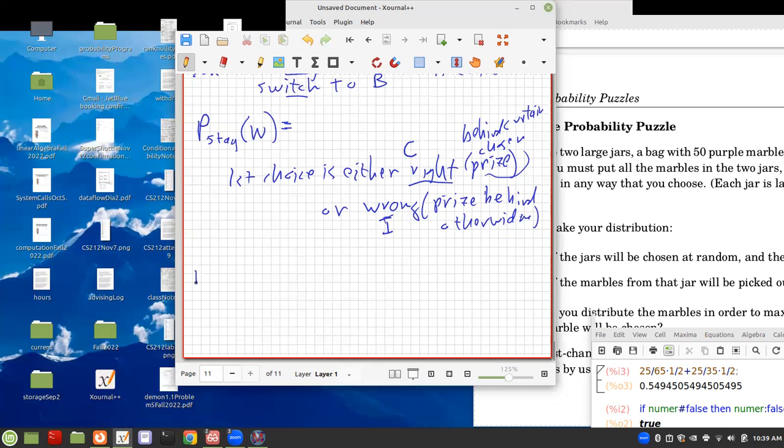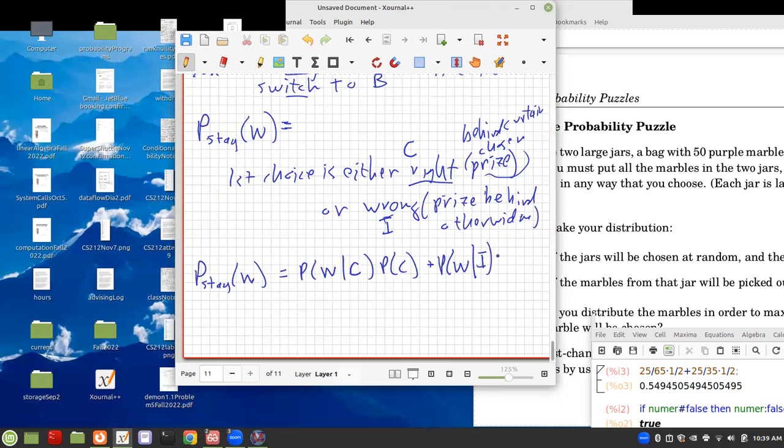So the probability of winning, given that you're going to stay, equals the probability of winning given that your first choice was correct times the probability it was correct, plus the probability you win given that you were incorrect times the probability that you were incorrect on the first choice.